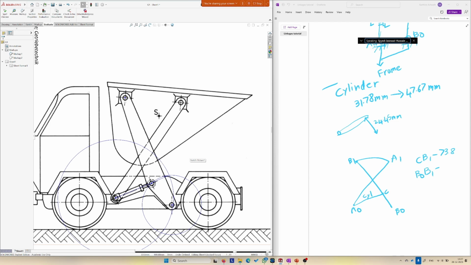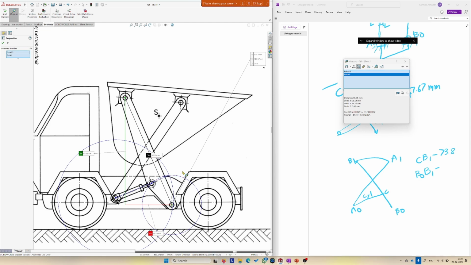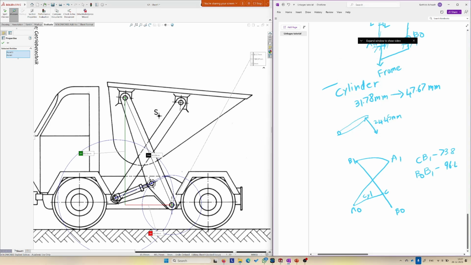What you would do in real life, not the x or y distances, just the actual distance between the two points. Okay. And then I take one more distance, it's 96.38. I will take it as 96.4. Alright.